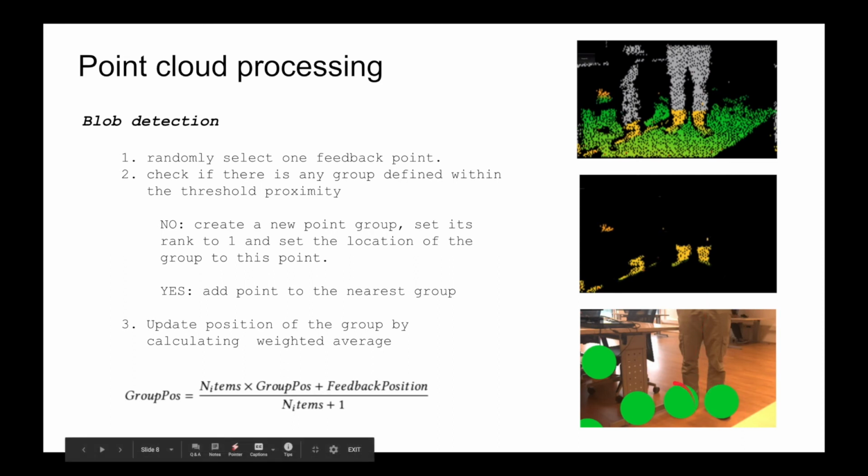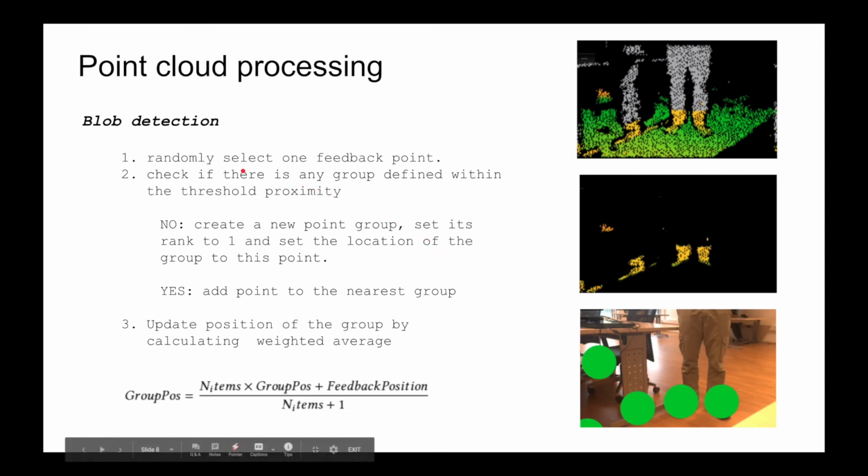In this step, we actually simplify the problem by projecting these 3D points onto 2D image and search for spherical blobs within this 2D image, within the two-dimensional space. We use a threshold of 30 centimeters for the diameter of our blobs and follow the following blob detection algorithm.